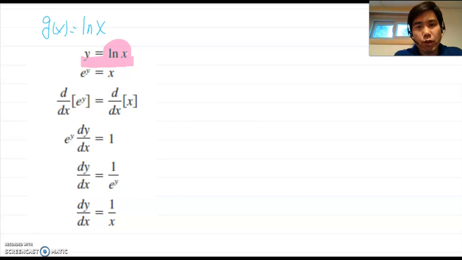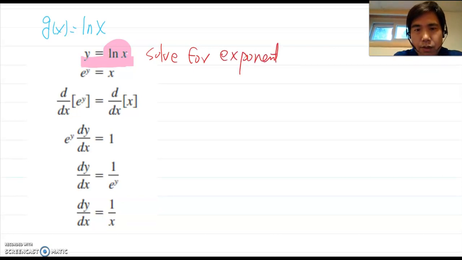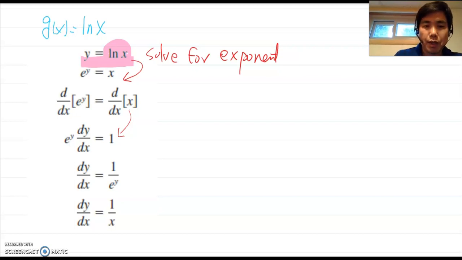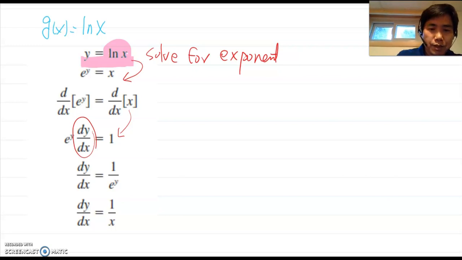So for a logarithm function we always solve for the exponent. Now you switch to the exponential form, and you can write e to the y equals x. Then we do implicit differentiation: d over dx of e to the y equals d over dx of x, and that becomes 1. e to the y becomes itself, but this time we have to multiply by dy over dx because we are taking the derivative of y with respect to x. Then you divide by e to the y, and this becomes 1 over e to the y.